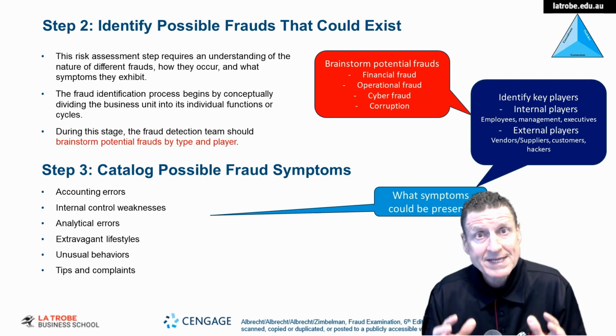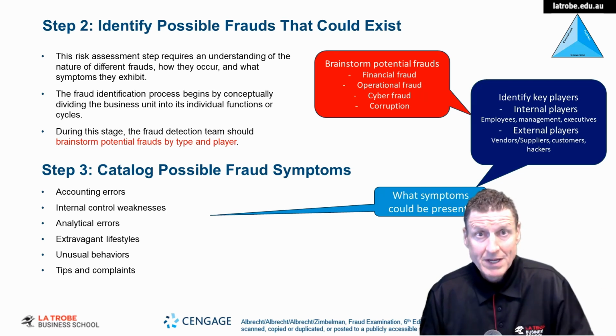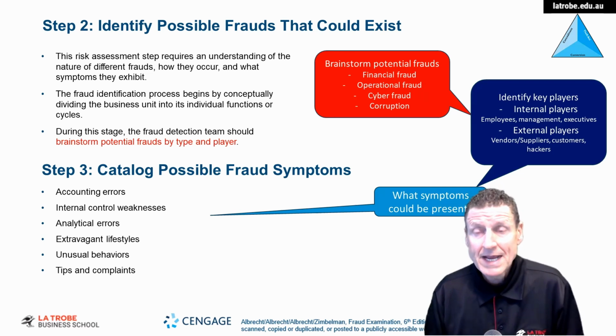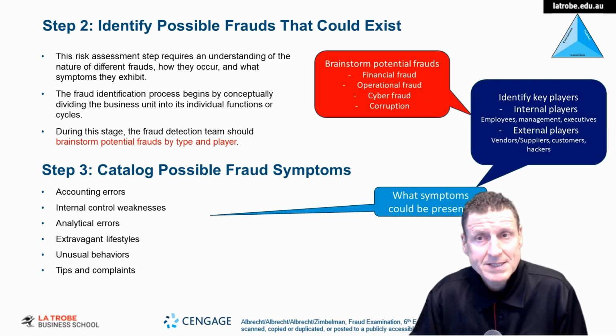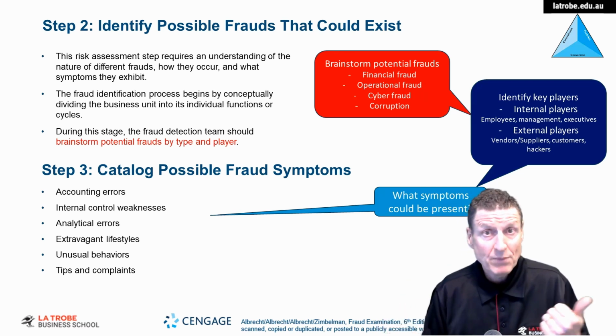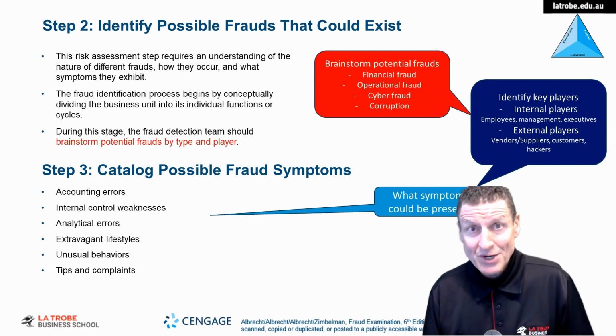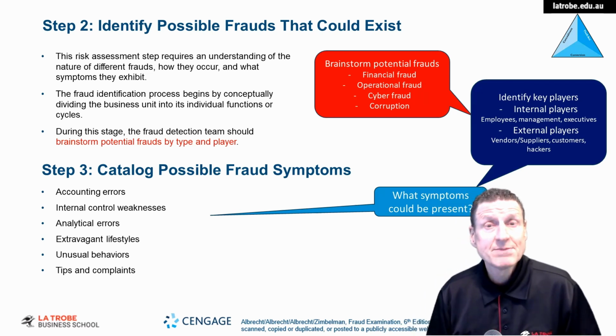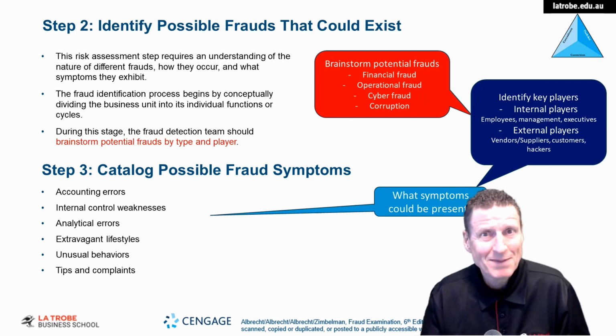Now, after we brainstorm potential frauds, given the red flags that have come to you, maybe in terms of the symptoms, now we want to identify key players. Who are the likely internal players that could be involved? Employees, management, executives, or external players, such as vendors, suppliers, customers, or hackers in the case of cyber fraud.